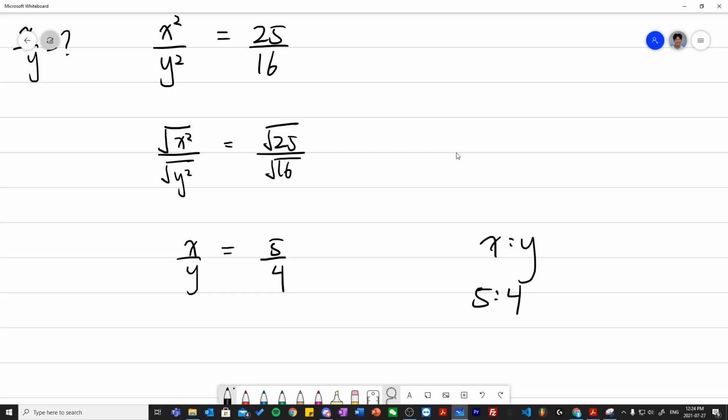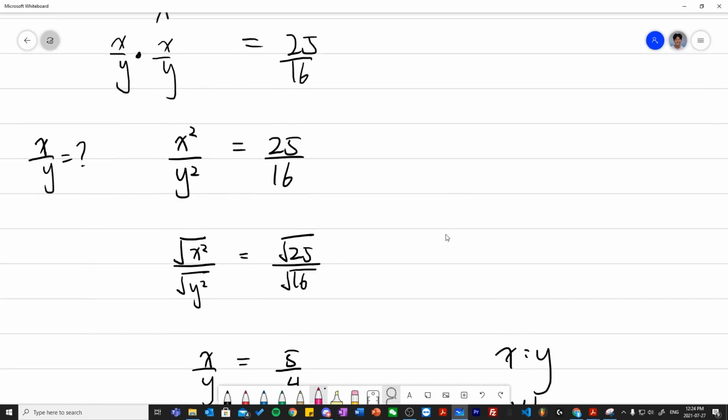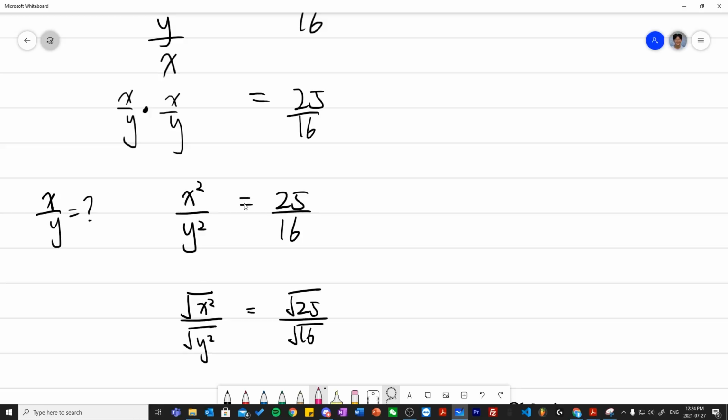And now here's the thing I want you guys to notice. Is this our only type of answer? Because what we're saying is that whatever we plug in for x and y should satisfy 25 over 16.